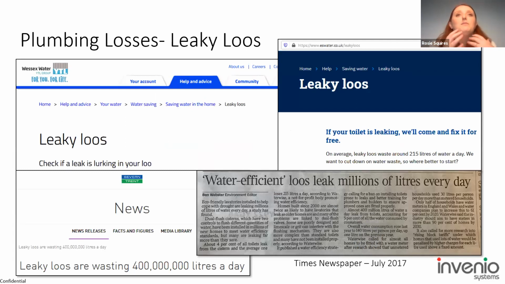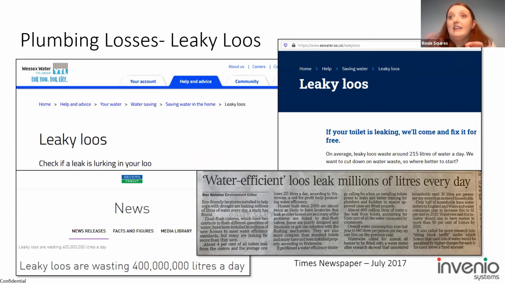So plumbing losses can be of various different types of leaks, from dripping taps to leaking boilers to leaky loos. As Andrew was saying a second ago, there's quite a bit of information around leaky loos now. If you just do a quick Google search, you can bring up a lot of information.